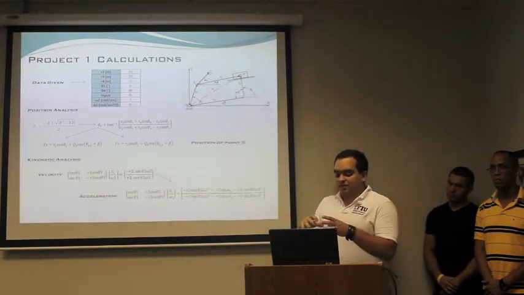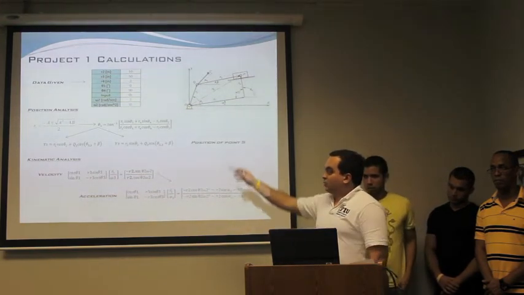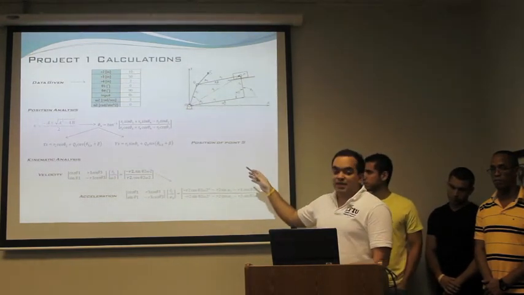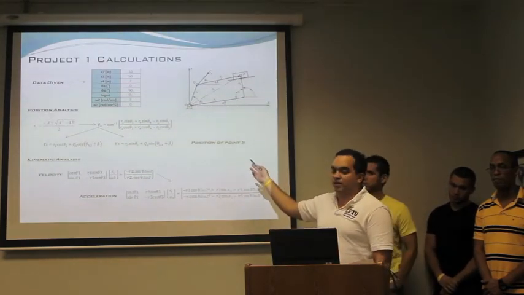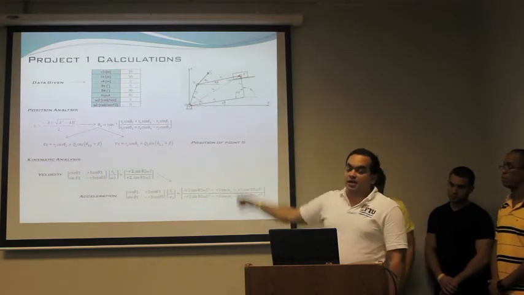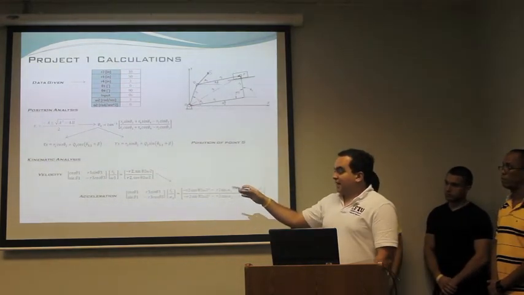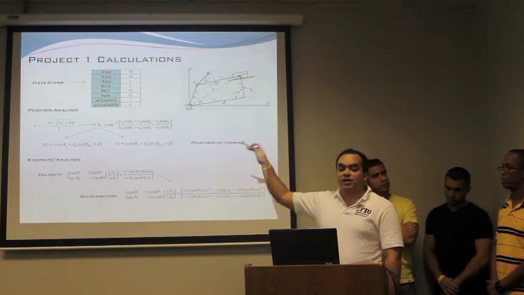Once you find the position of the slider and the position of the coupler link with all these formulas, the next part of the project is calculating the trajectory of the point S attached to the coupler link. The kinematic analysis, meaning the velocity and the accelerations, is related to the position analysis.